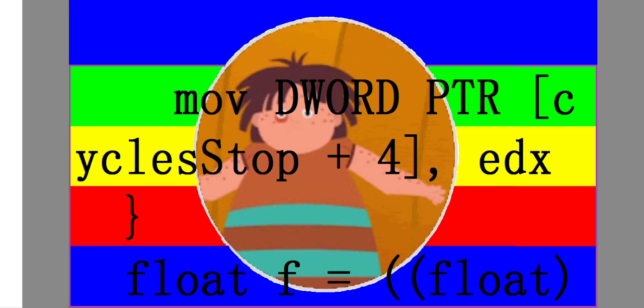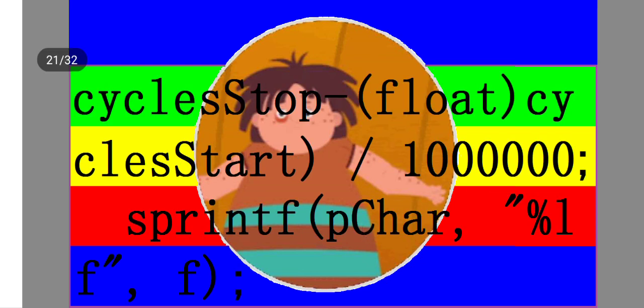Float F equals float cycles stop minus float cycles start, slash means divided by one million semicolon.